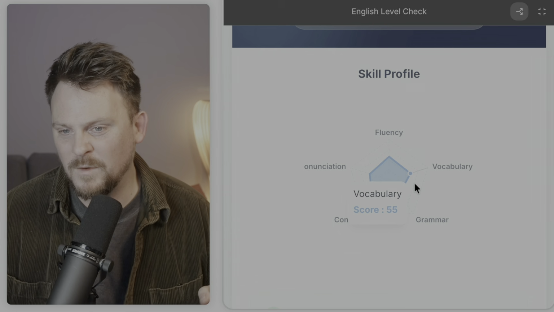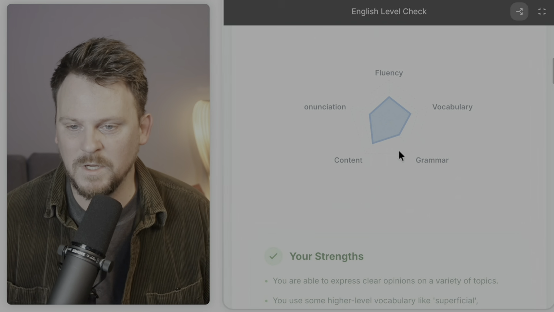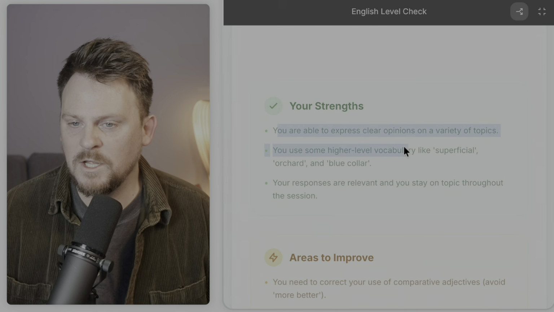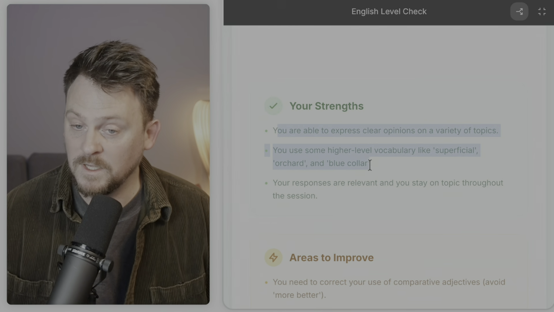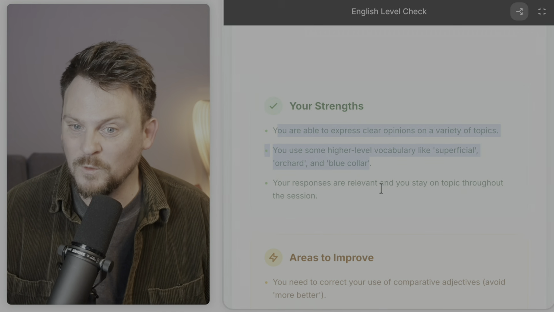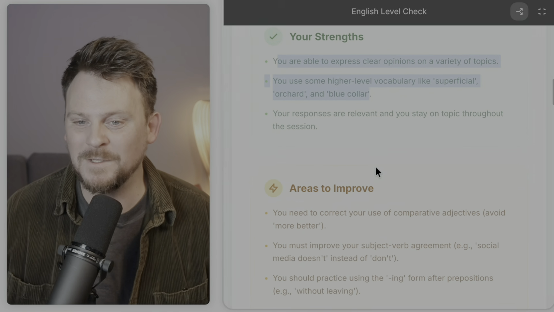Pronunciation, grammar, vocabulary, they're on the low side compared to my content score. My strengths, you're able to express clear opinions on a variety of topics. Okay, so that's the content thing. You use some higher level vocabulary like superficial, orchard, and blue collar. And I did intentionally choose those words as more advanced.